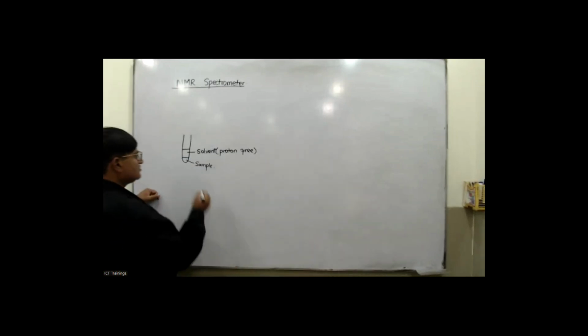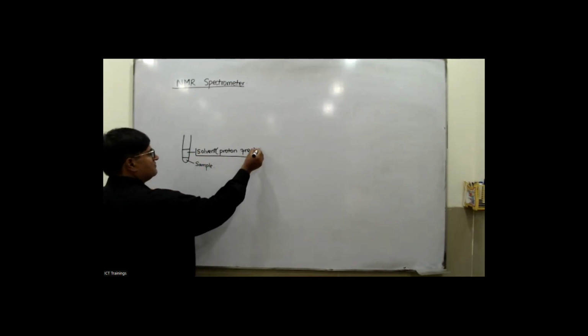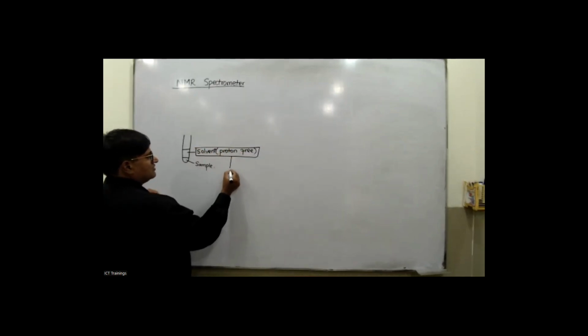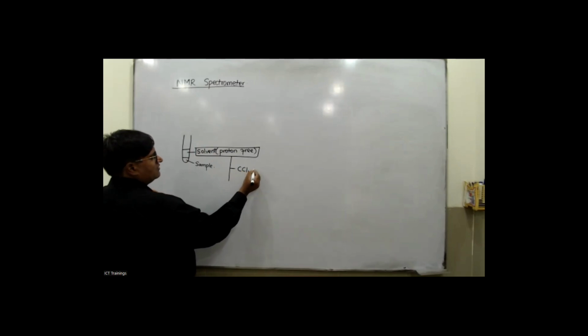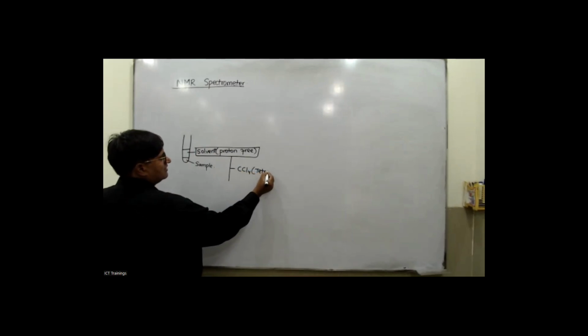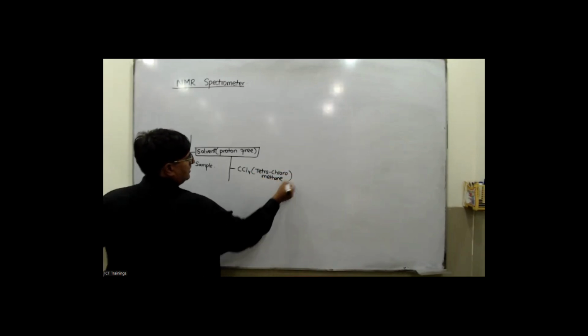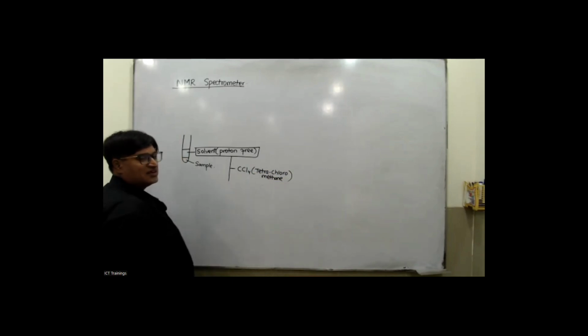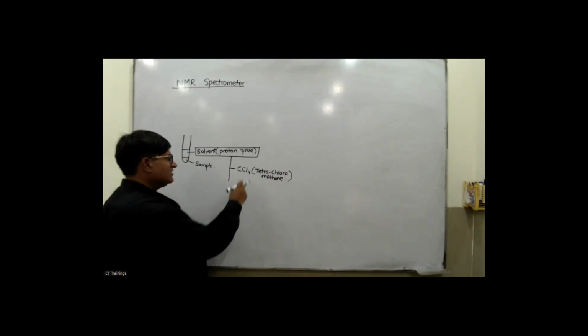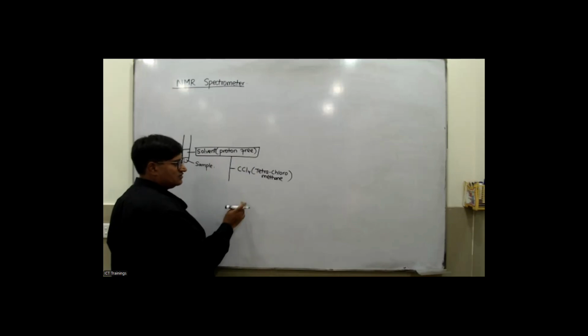So there are two proton-free solvents. The first one is CCl4, which is called tetrachloromethane. This one does not contain any hydrogen inside it, so that is why it's a proton-free solvent.